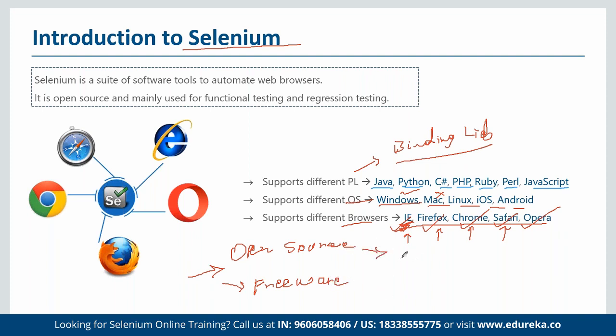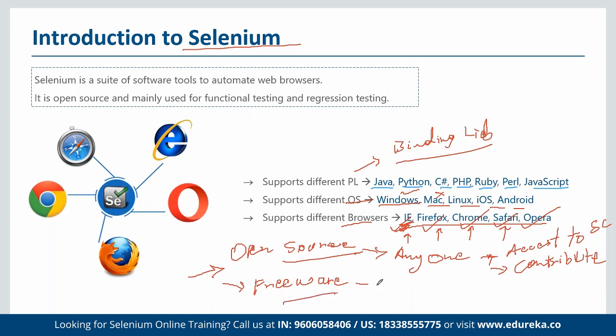Open source means anyone can access your source code and contribute: access to source code and contribution. Contribution to what? Contribution for the improvement of the application. Whereas a freeware tool may or may not allow you to make contributions.